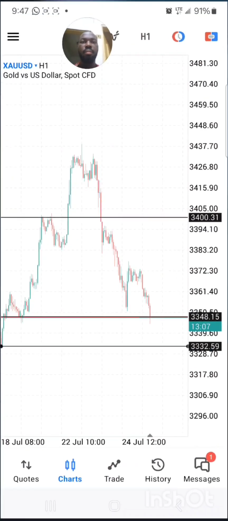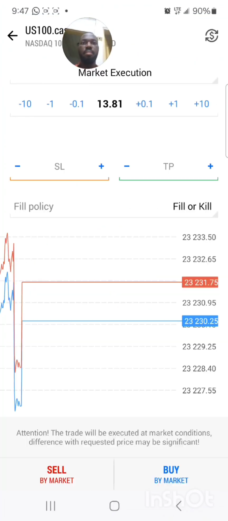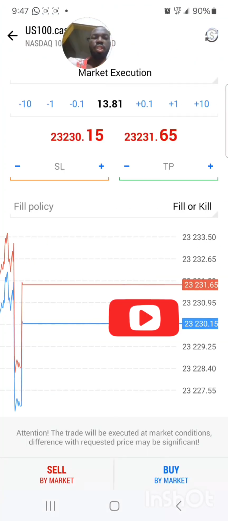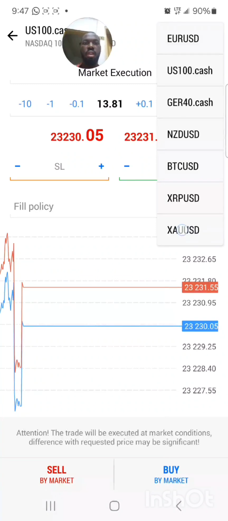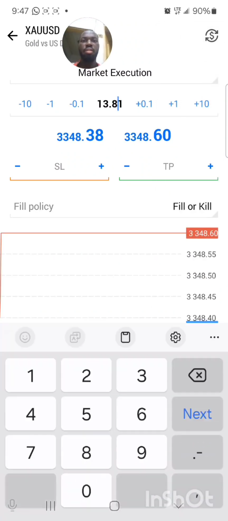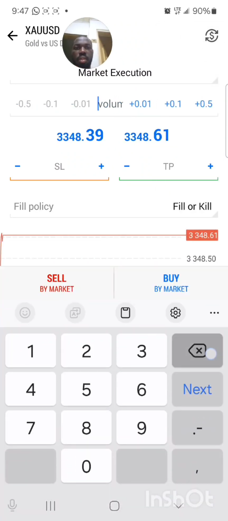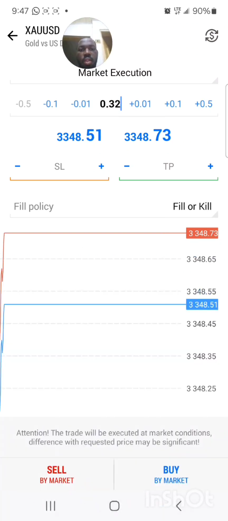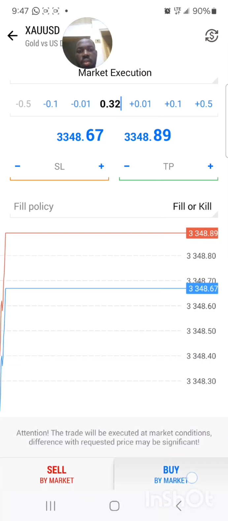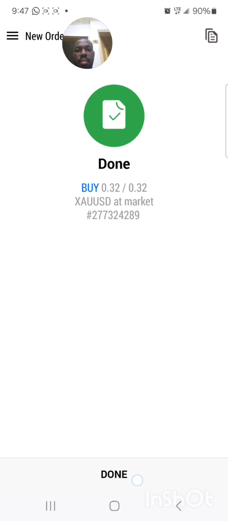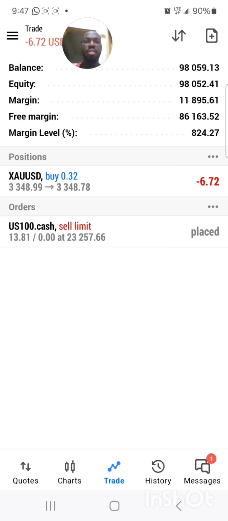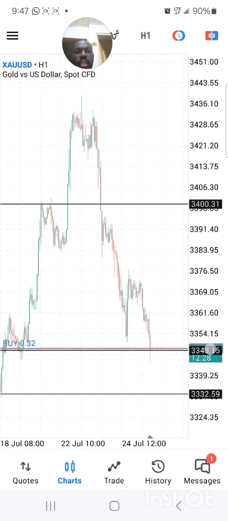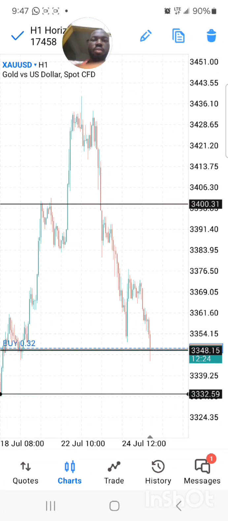So we come here, press play. First thing we're going to do is change the currency to gold. The market execution is going to be buy setup. So it's 0.32. Once we're there, what we do next is press buy. And you're seeing that the market already started buying. Then the next thing we do is our stop loss, which we already set.